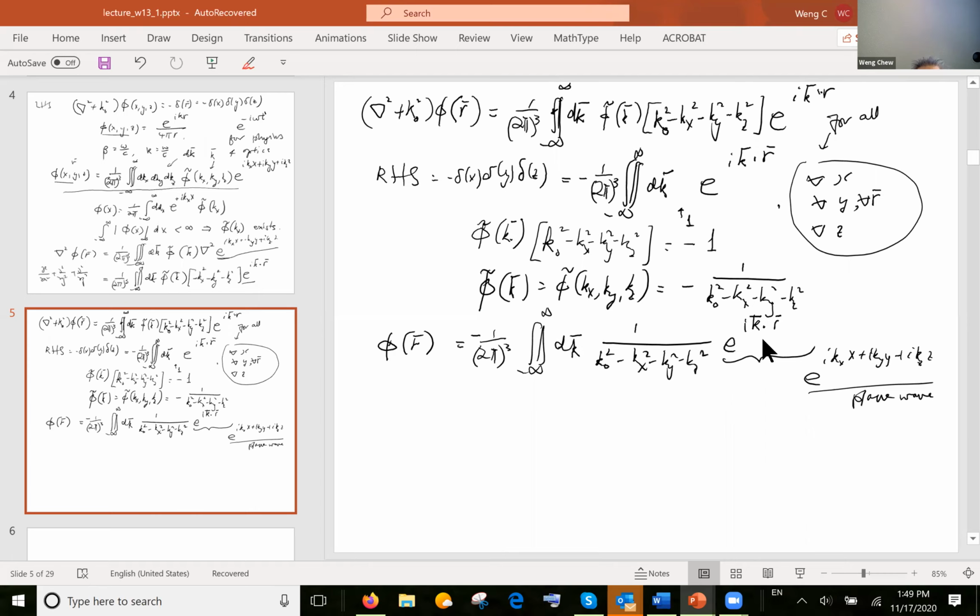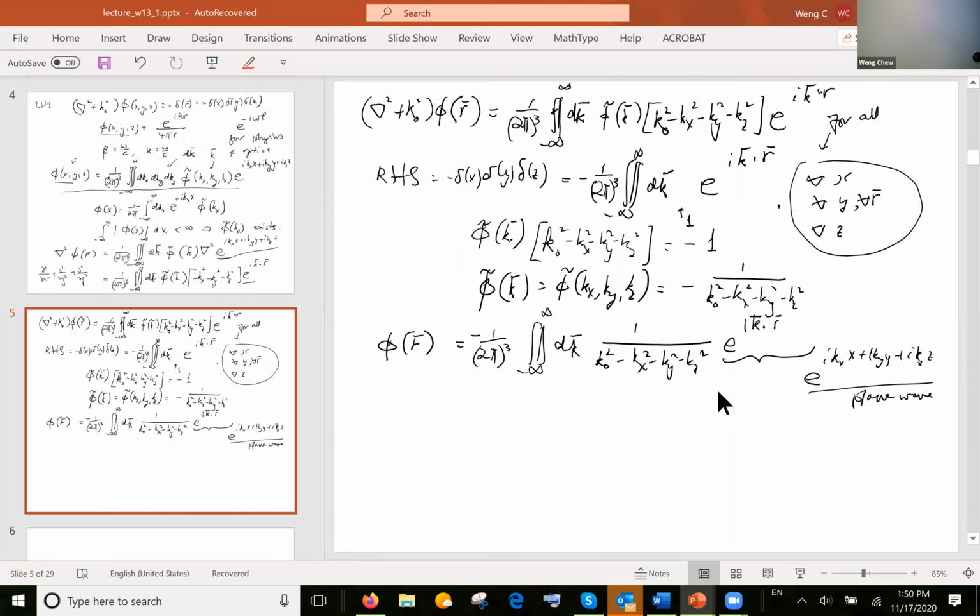This plane wave has the k vector, and kx, ky, kz, as I integrate, are going to vary over all possibilities. It can be written as an integral summation of plane waves propagating in all directions with different sizes of k vector. The k vectors can be of any length, because kx can go from minus infinity to infinity, and so can ky and kz.